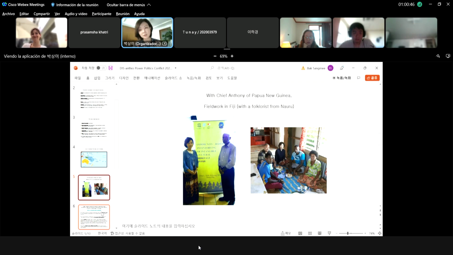But to work with the local people, work in the local community, I needed someone who really understood the local political organization. That was why UNESCO sent me together with Chief Anthony, who is standing in the photo, the left hand photo. He's Anthony Parak. He's from Papua New Guinea, which is a totally different country and society.